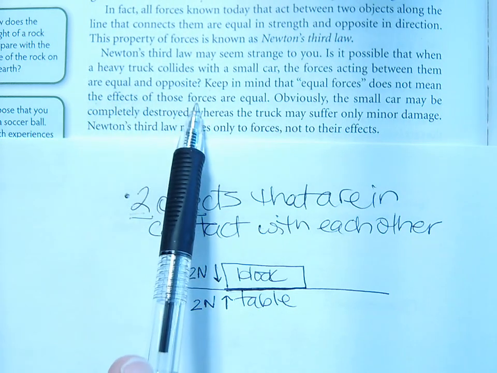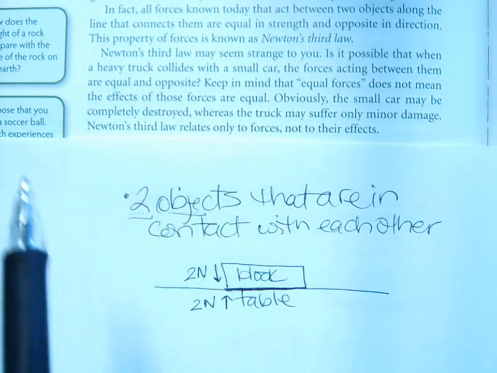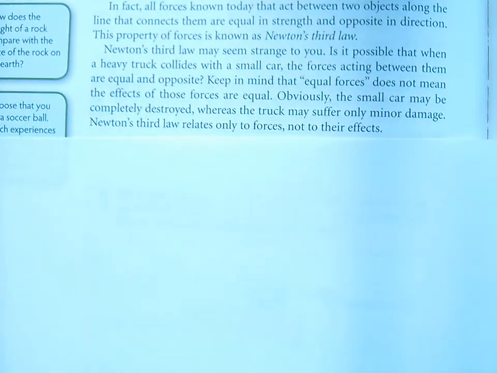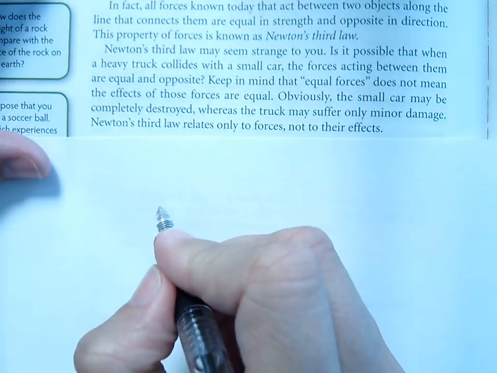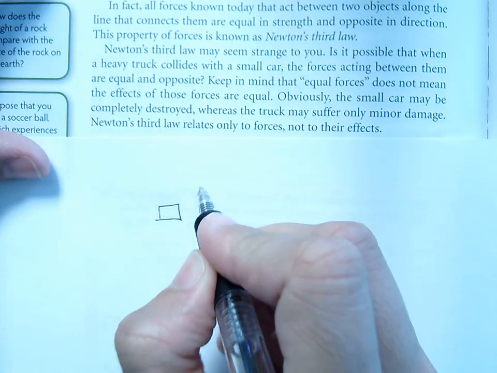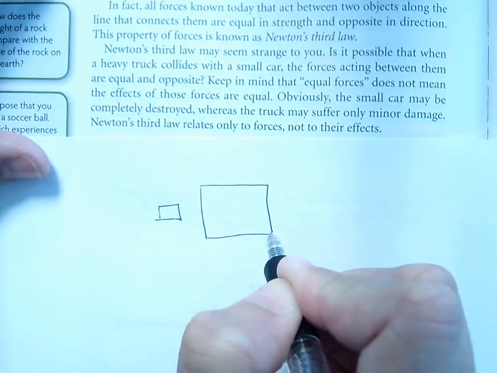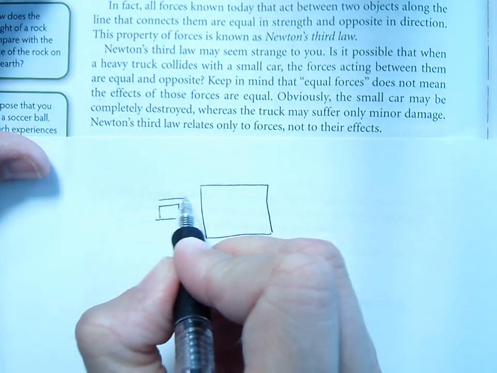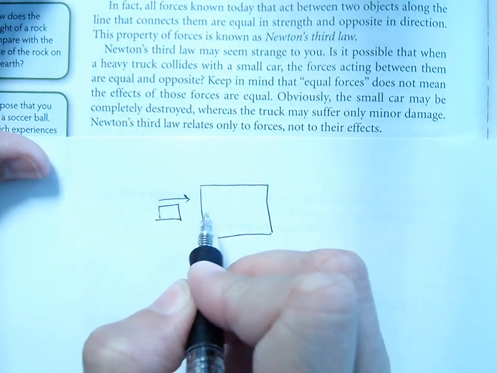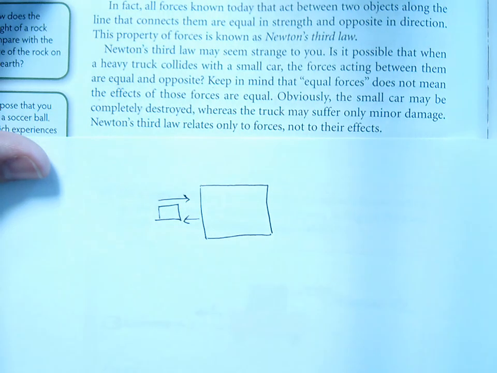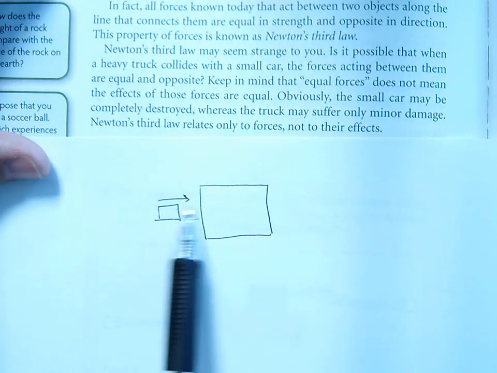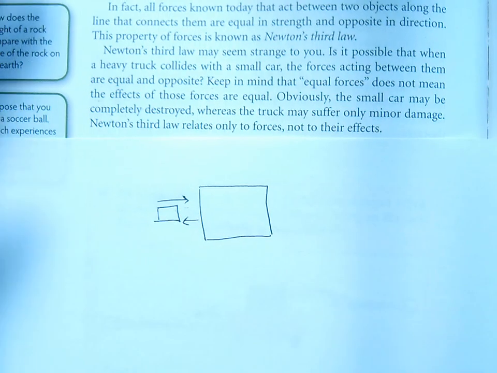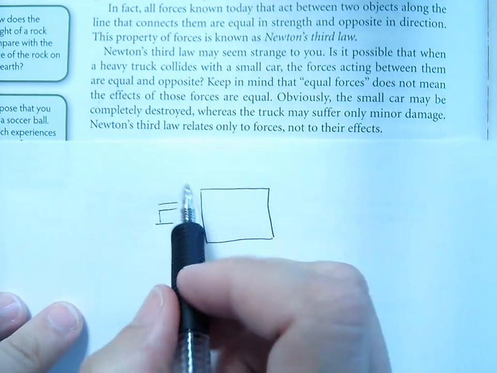So let's keep going. It says, keep in mind that equal forces does not mean that the effect of those forces are equal. Let's think about it this way. Let me turn this over. I can't draw at all, so I'm going to say small car, big car, because that's about as good as it's going to get with me. If they collide, the small car will apply a force to the big car, and the big car will apply a force back. Keep in mind, it's when they touch each other.